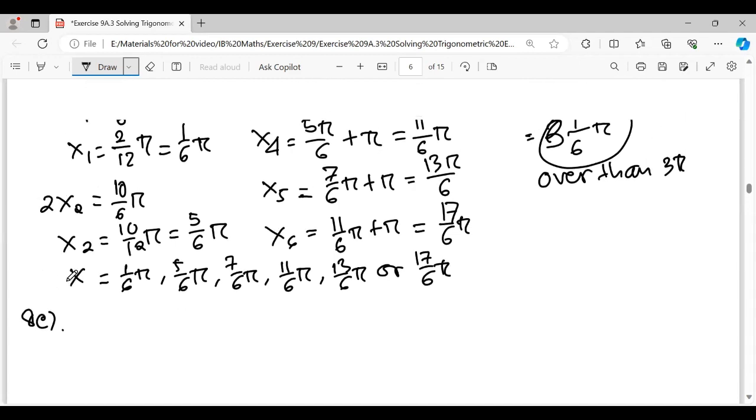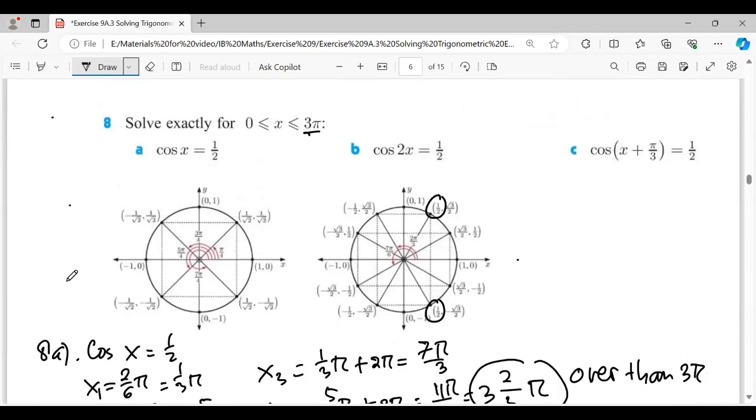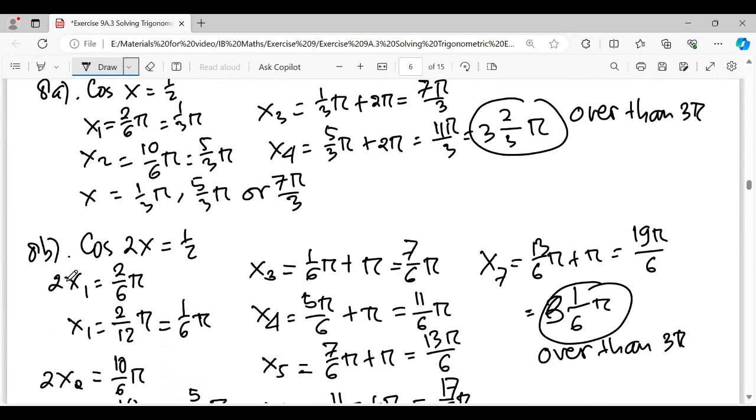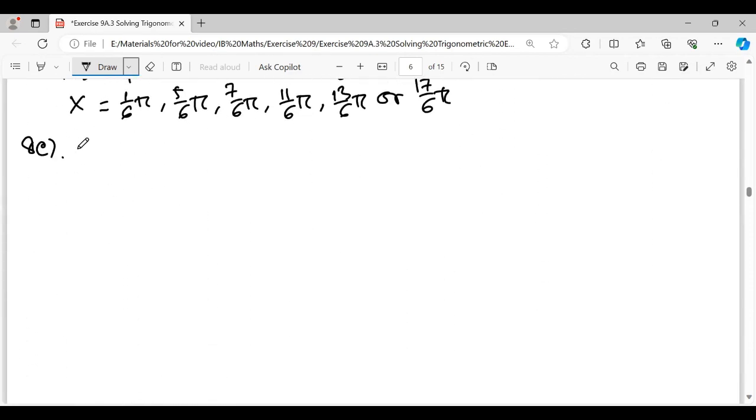8c. Cosine of x plus pi over 3 equals half. Still cosine.